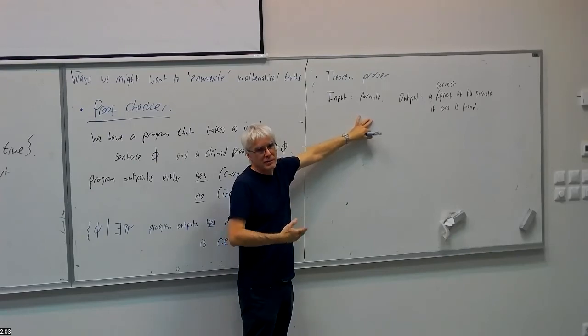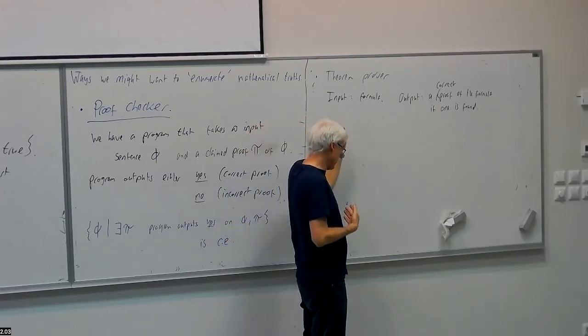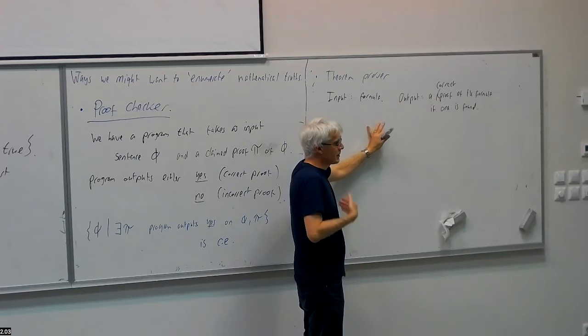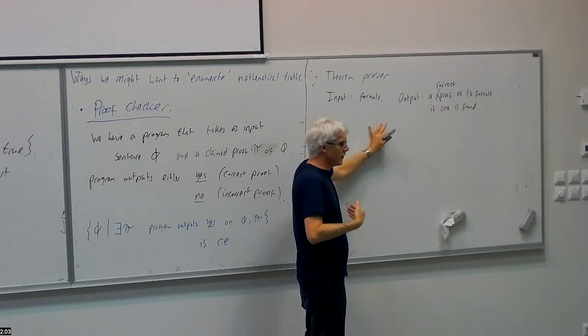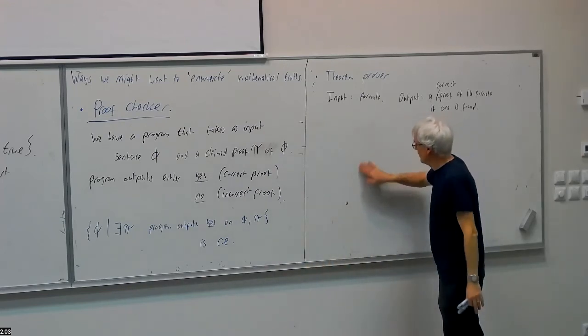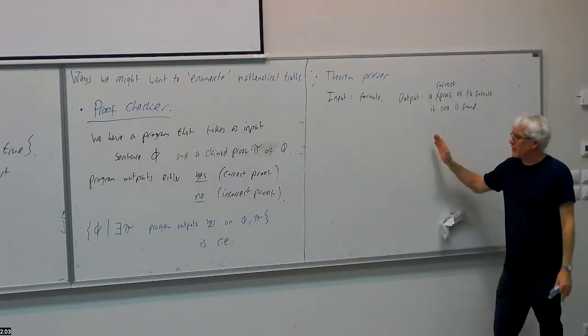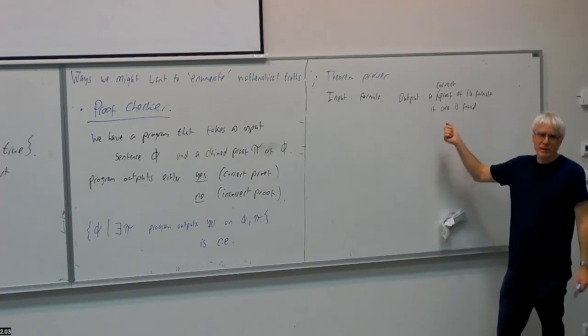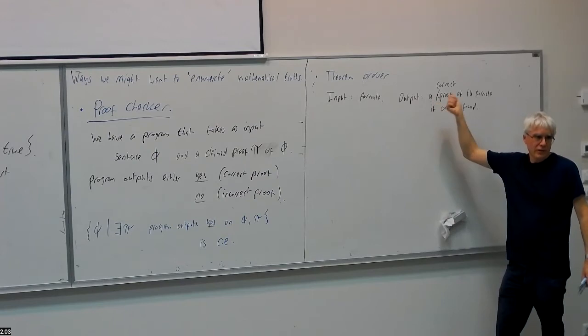Because of that, the formulas on which it holds are going to be a computably enumerable subset of the set of truths. And therefore, again, by productivity, we can find a formula that we can recognize as being true that the theorem prover will not also.